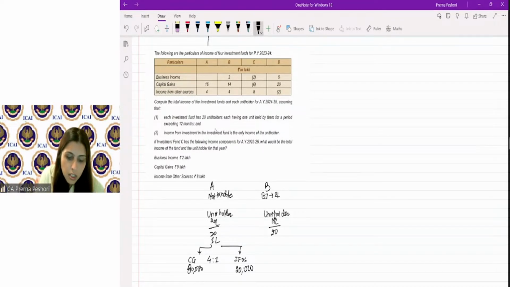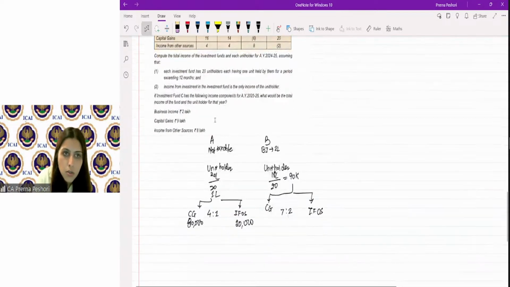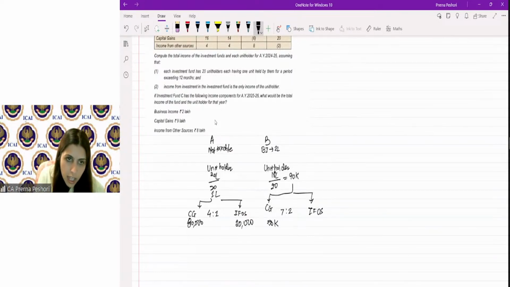So 18 divided by 20 is 90K each. Now this will be in the ratio of, again, the capital gain and income from other sources in the ratio of 7 is to 2, right? So it shall be 70,000 and 10,000. So in the like manner and to the same extent.